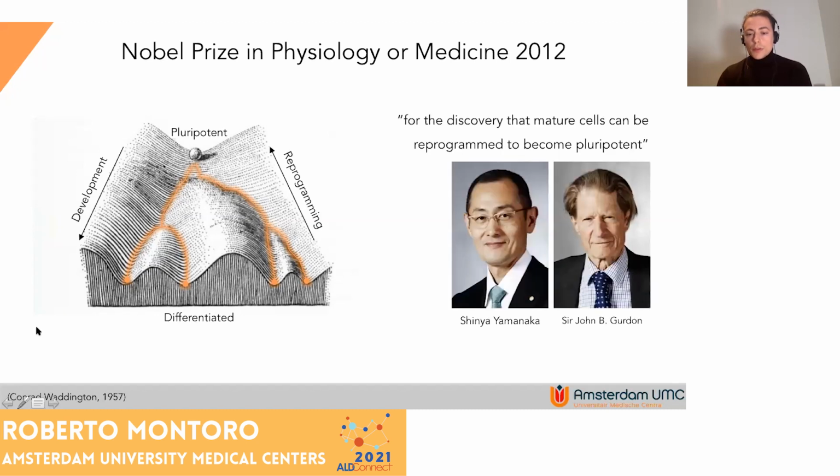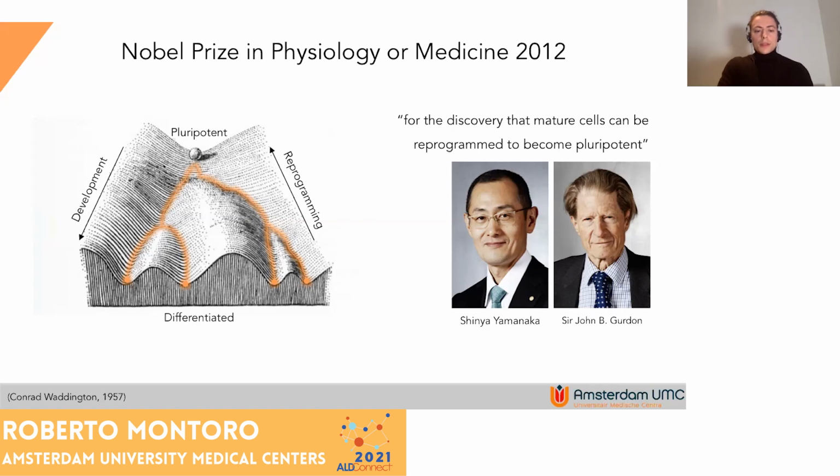The work from Shinya Yamanaka and John Gurdon changed this idea, showing that differentiated cell types can also be reprogrammed into pluripotent cells that can then be differentiated into other cells. They were awarded a Nobel Prize in 2012 for it.